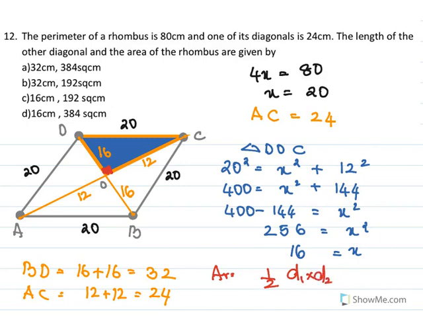And that would be half into 32 into 24, because our D1 is 32 and D2 is 24, and the answer is 384. So the right option is here. The diagonal is 32 and the area is 384.